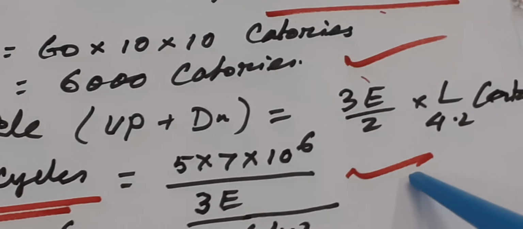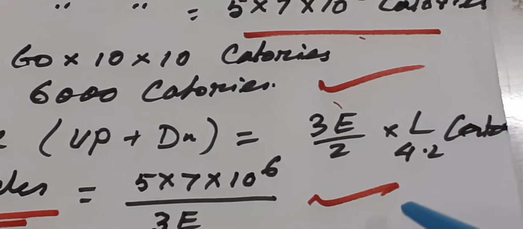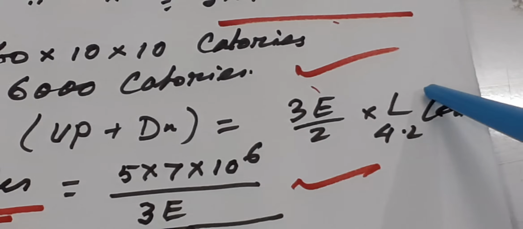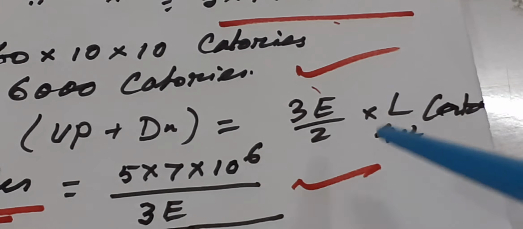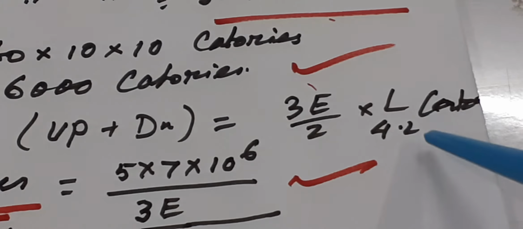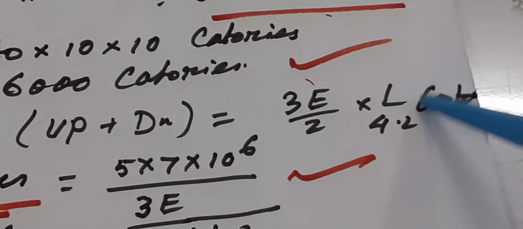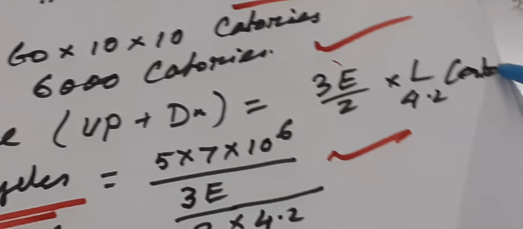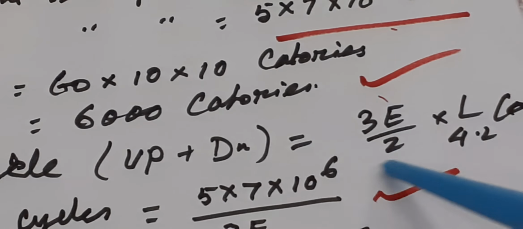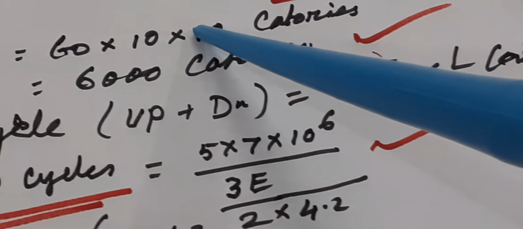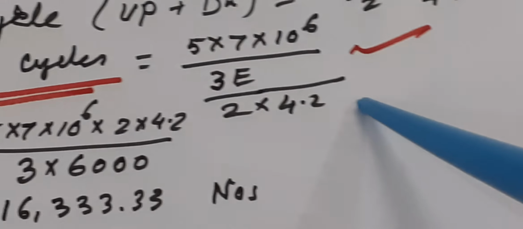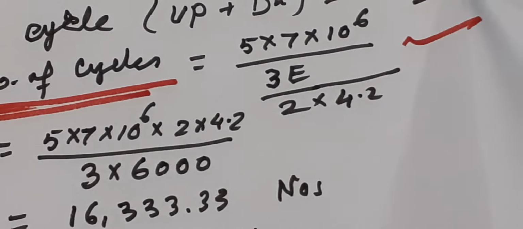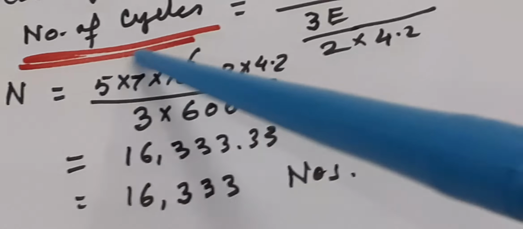This is 3E by 2 joules. We have to convert it in terms of calories, so we divide by 4.2 joules per calorie. Joule will cancel and calorie will come. So this is the amount of energy lost in a single cycle. The total amount, already known as 35 into 10 to the power 6 calories, has to be divided by the amount lost in each cycle to get the number of cycles.